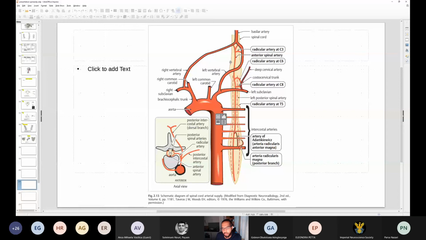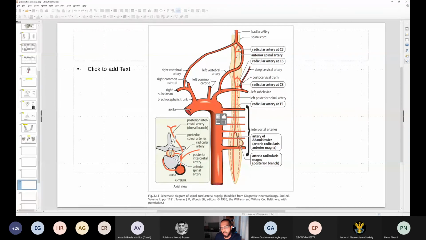In this diagram you have the spinal cord extending all the way up from the cervical region. This is the cervical enlargement, this is the lumbar enlargement, and here is the conus medullaris. This is the aortic arch, and the important bit here is the vertebral artery. You have the right vertebral artery and the left vertebral artery, which eventually join together and form the basilar artery.